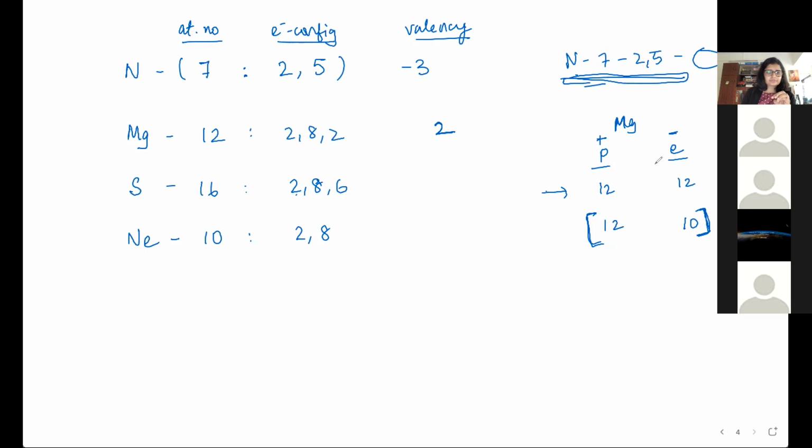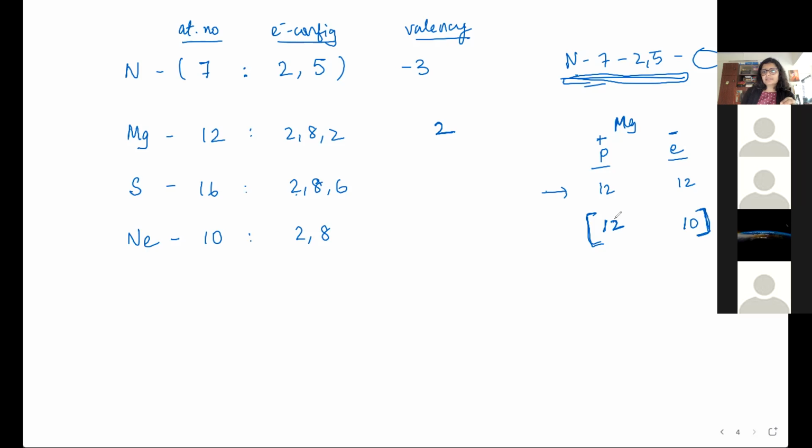Got it? Yes, ma'am. Now, when it reacts, it will lose 2 electrons. So will there be any change in protons? No, ma'am. So protons will be 12 only. And what will change in electrons? Ma'am, minus 2. So it will become 10.